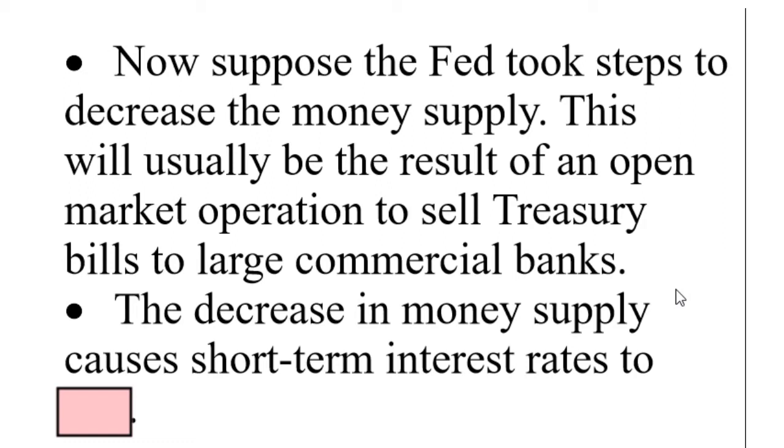When they sell these things to the banks, the commercial banks will pay them with their excess reserves. When banks have fewer excess reserves, that decreases the amount of loans they can issue, which decreases the money supply. We learned before that the money supply has an inverse relationship to short-term interest rates. So when money supply decreases, these nominal interest rates will increase.